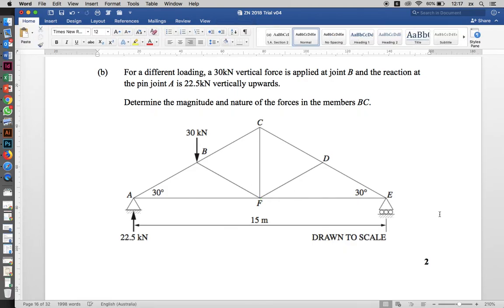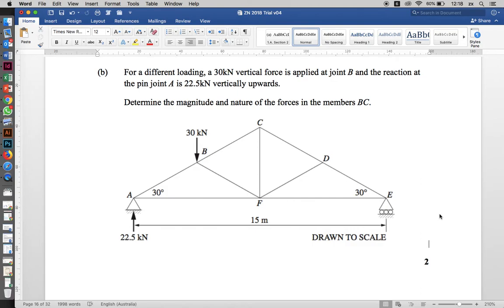So I'll read through that again. Sum of the moments about F going clockwise equals 0, equals minus BC sine 30 times 15 divided by 4, 15 divided by 2. Sorry, I'll read that out again.